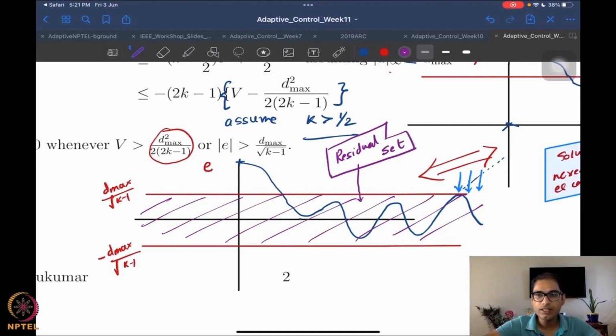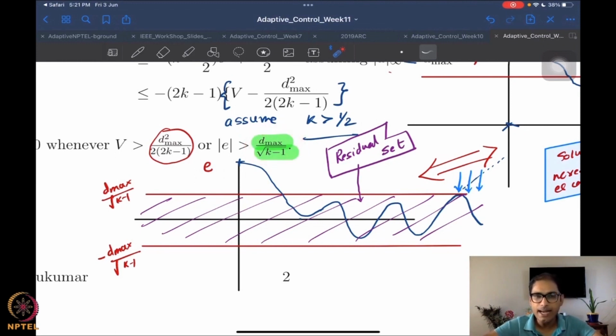The size of this residual set is also very well documented and understood. What is the size of the residual set? It is precisely this. So you can guarantee that your error will lie within this boundary.